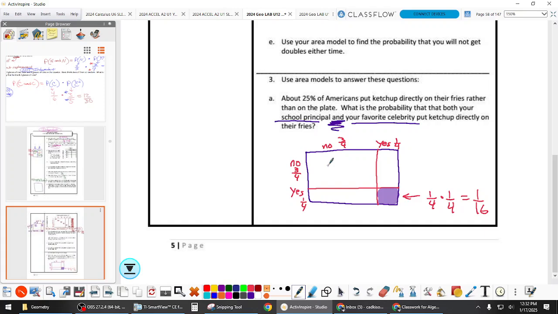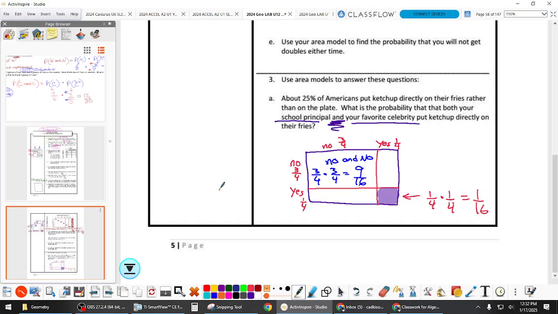Well, what is this category of the no for what? Both. For both. Yeah, so no and no would be this box. So what's the area? Well, the height is 3/4, and so is the width. So 9/16, which is a little rough, right? I always do that. What did you do?